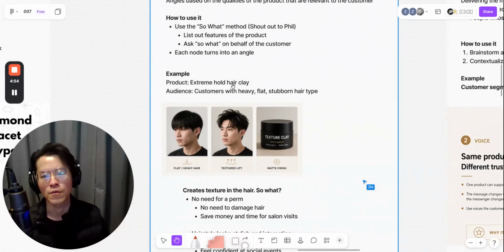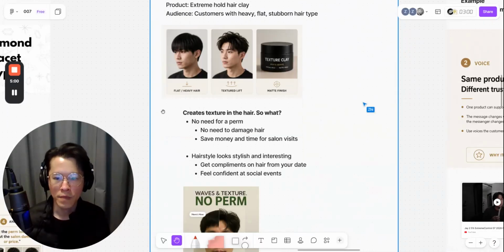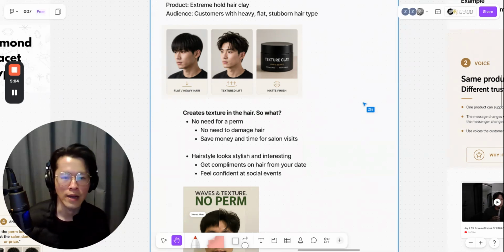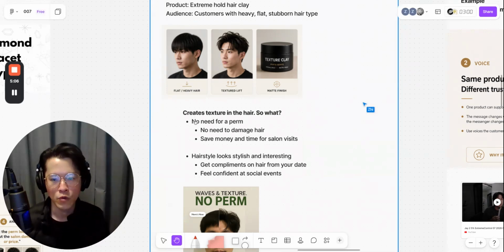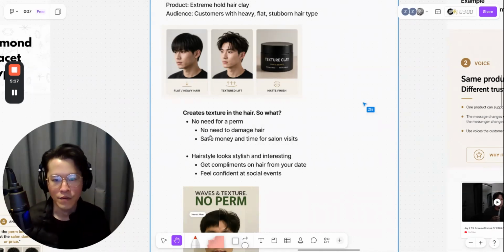Let's take a look at the example. This first one is the extreme hold texturizing clay for the Asian customer. So let's take a look at the first feature, which is create texture in the hair. We're going to ask the question, so what? So there's no need for a perm. And we'll ask that question again. So what? So there's no need to damage the hair and you can save money and time from visiting the salons.